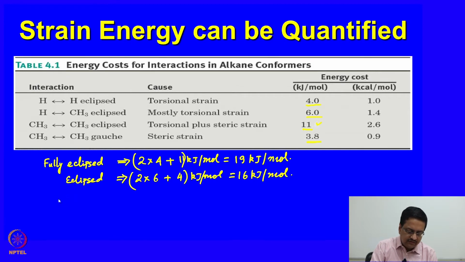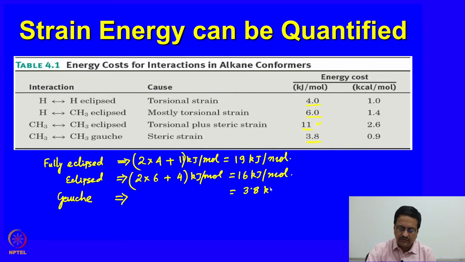And the Gauche conformation should have the steric strain of methyl-methyl Gauche interaction, which is just 3.8 kilojoules per mole. There is no hydrogen-hydrogen steric strain in that case, and the anti-conformation does not involve any steric or torsional strain, so we can consider that to have zero steric or torsional strain.